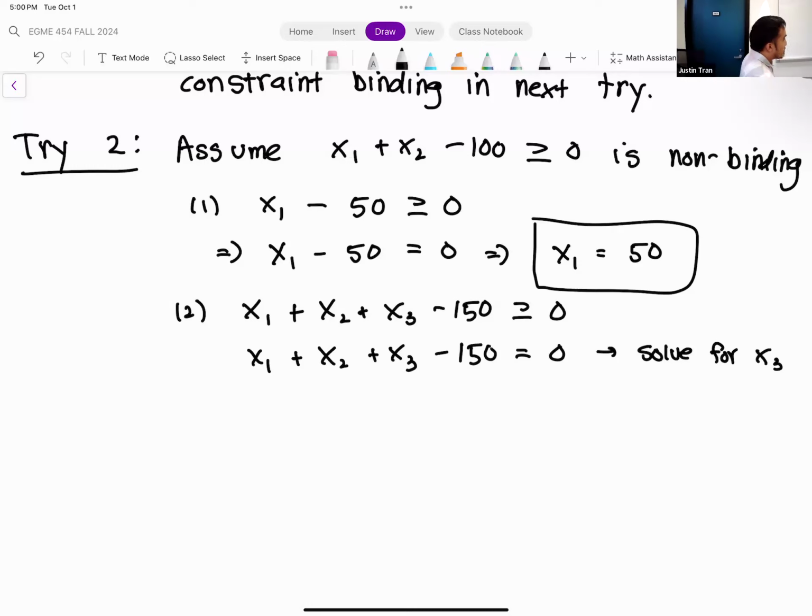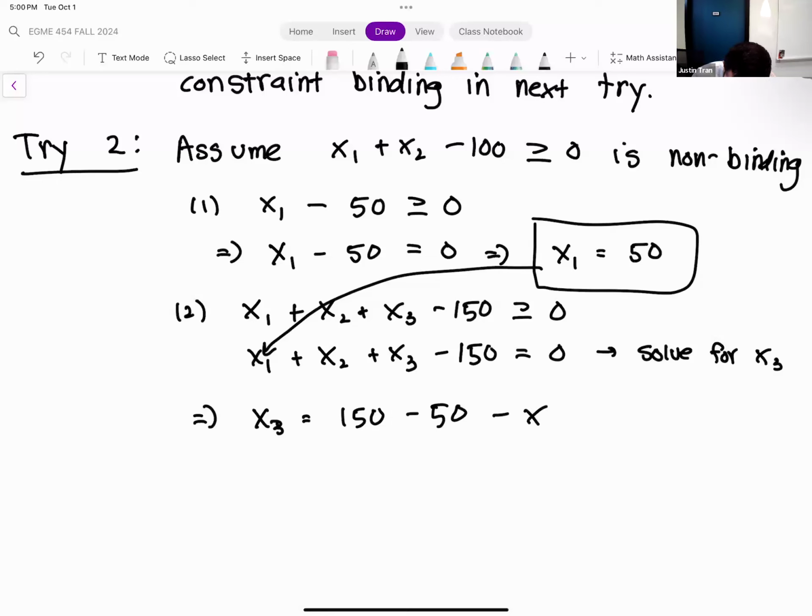We already know from the first constraint that x1 has to equal 50, so let's plug that directly in. Then I move everything else to the other side of the equation. If we simplify that, we get x3 is equal to 100 minus x2.